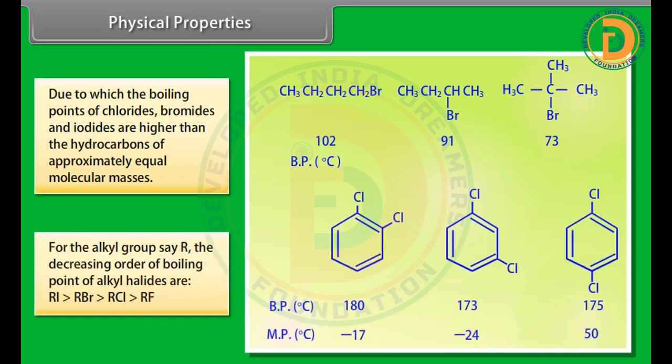For the alkyl group R, the decreasing order of boiling point of alkyl halides is RI has the highest boiling point, followed by RBr, then RCl, and then RF.